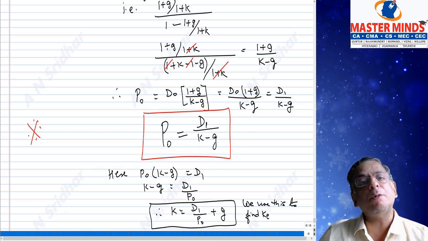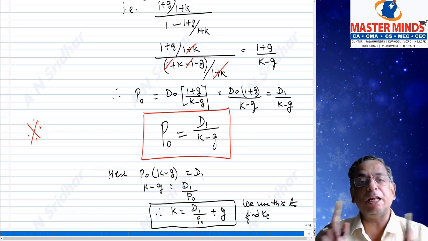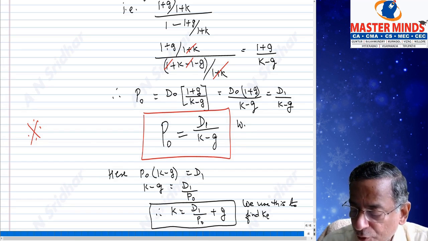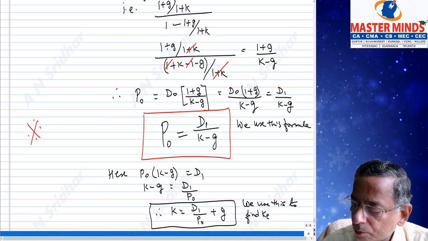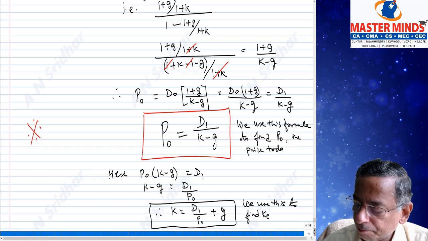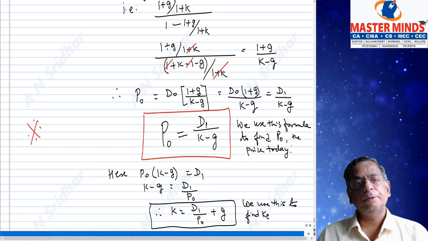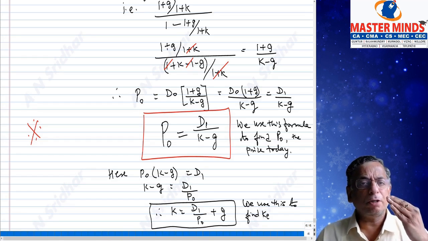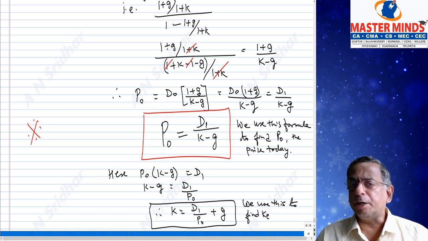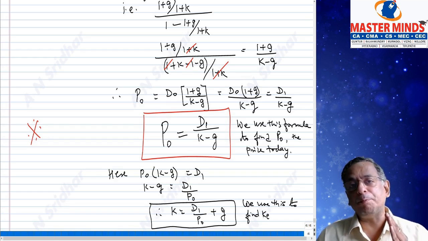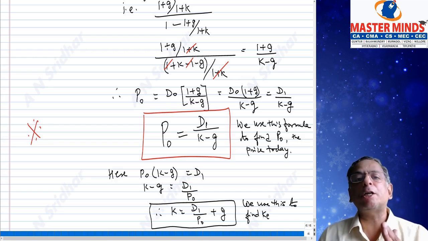Both the formulas have the same terms, they are actually rearranged. We use this formula to find P0, the price today. So we can say that the two formulas are interconnected. In IPCC, your approach was to see the formula from the source of capital point of view.